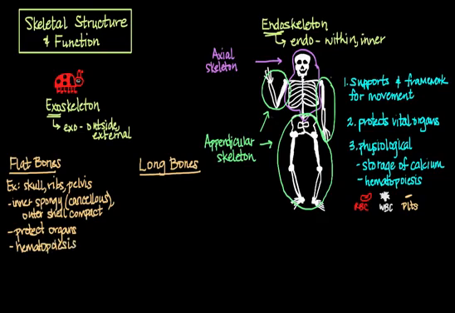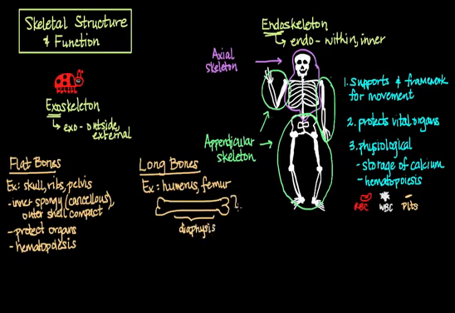Now, long bones, on the other hand, some examples of those would be the humerus in your upper arm, or say the femur in your lower leg. And if I draw a long bone out here, there are a few different terms to be familiar with when you're referring to different parts of a long bone. The long middle portion of a long bone is called the diaphysis.